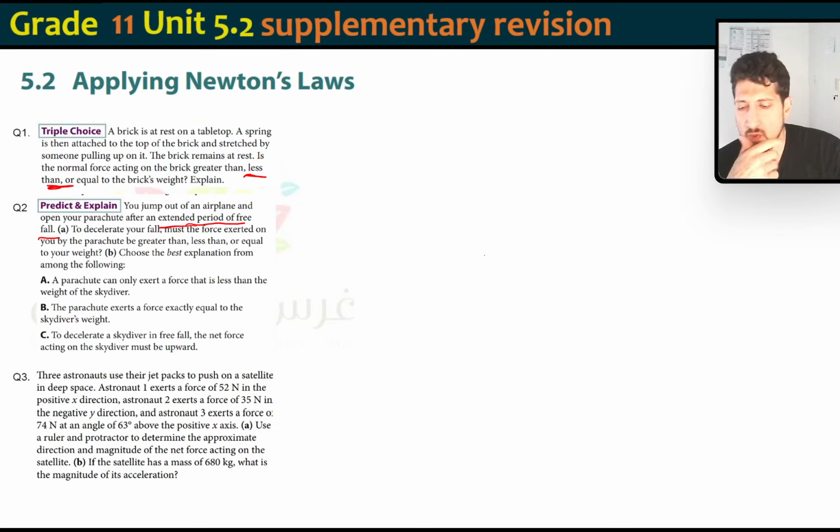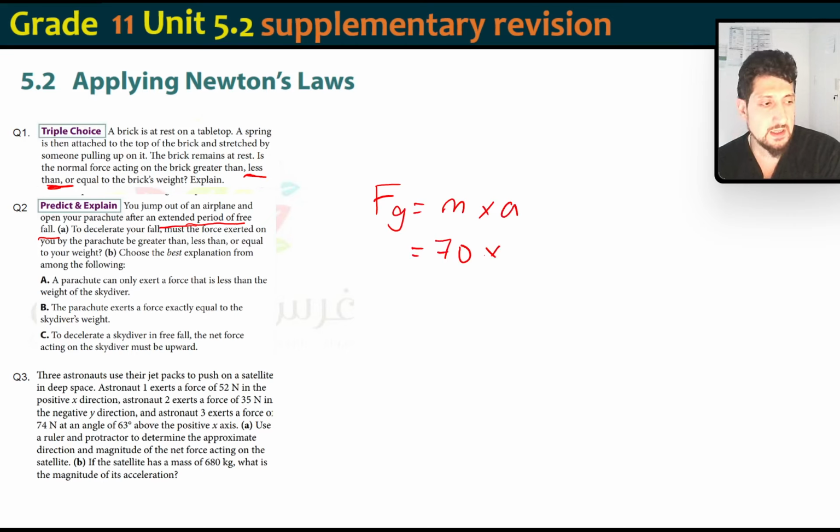Let's try and work it out mathematically. Okay, so let's say the force from gravity is equal to mass times acceleration, and let's say you have a mass of about 70 kilos, and the acceleration due to gravity is 9.81.